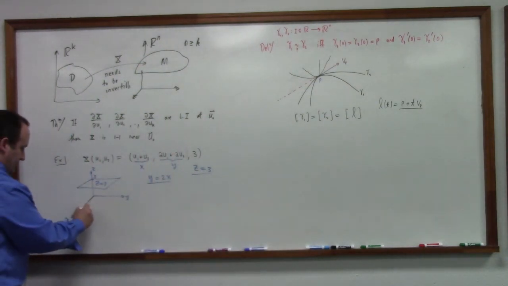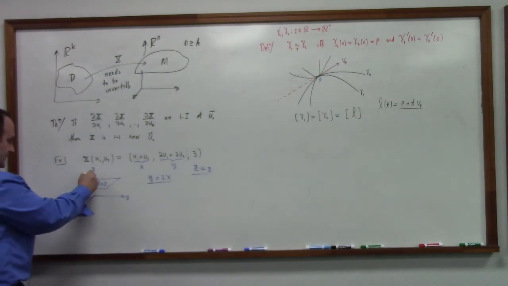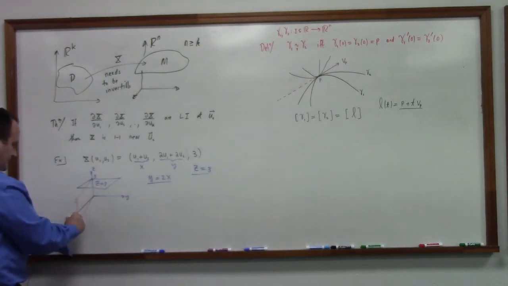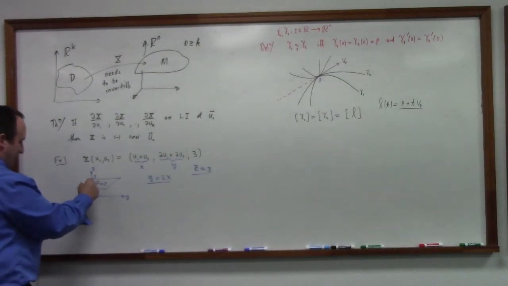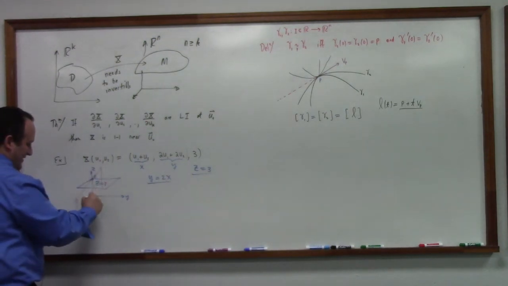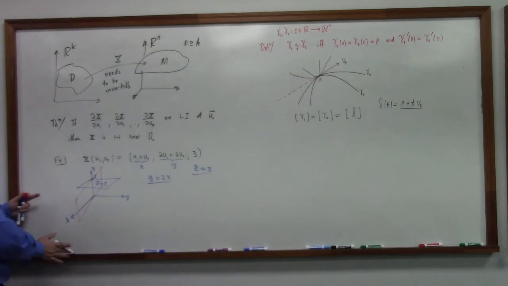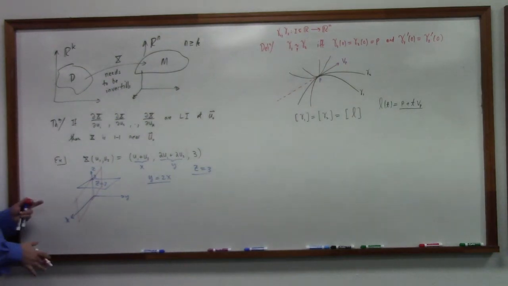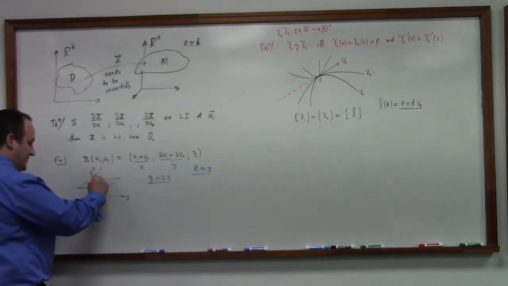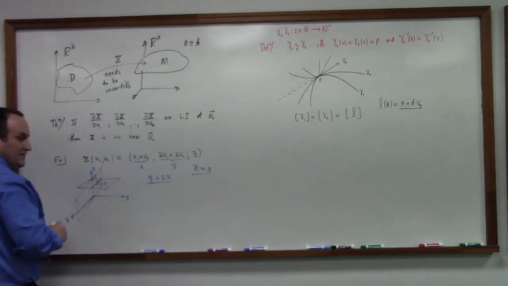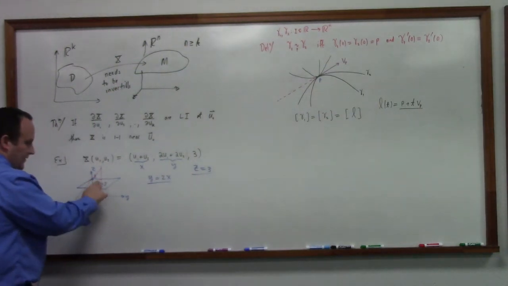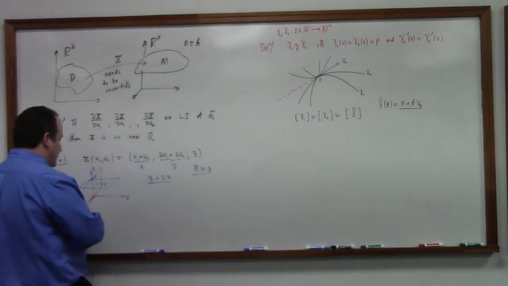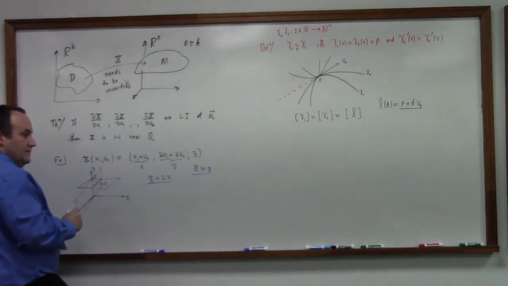So it's like this, but it's also like this. I can't draw where they... It's a vertical plane, actually, and it intersects the plane z equals 3. I should have used a different color. Right there, there is a line of intersection.